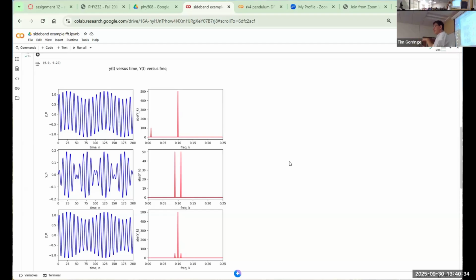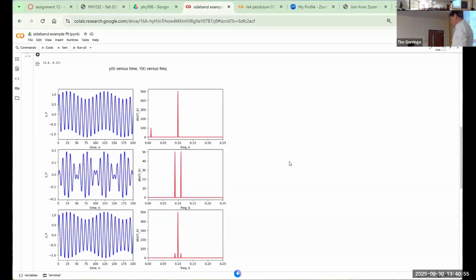So that funny combination of the low frequency and the high frequency that I made, the high frequency is the carrier frequency. It's going to be the carrier for the low frequency, the messenger frequency.